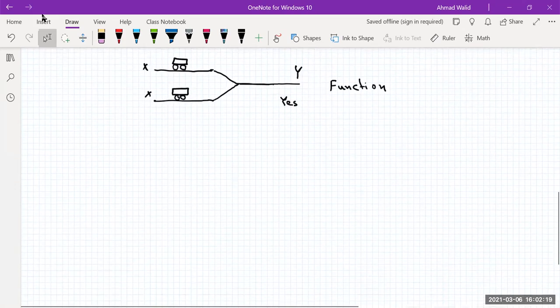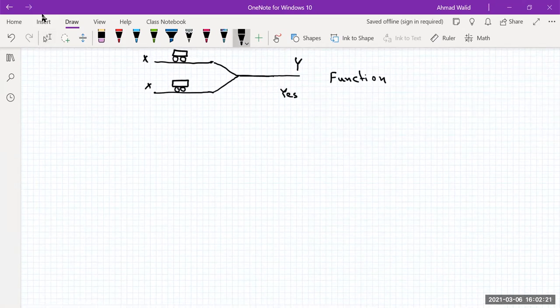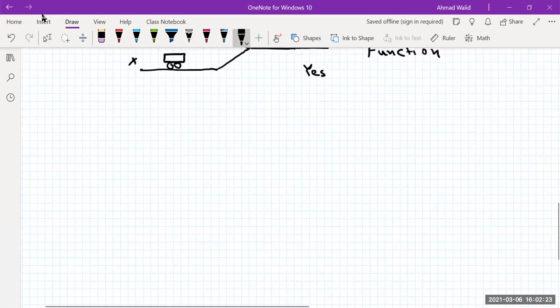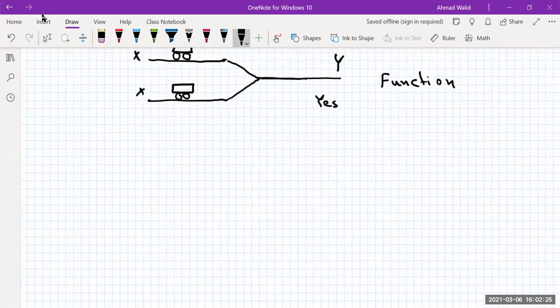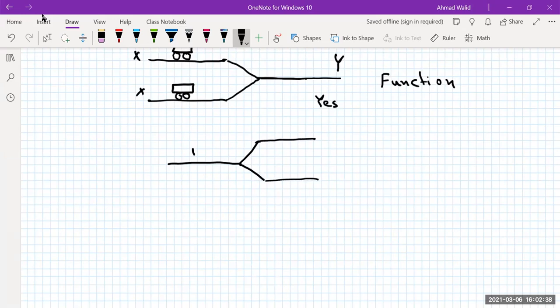But now look at this. This is your Professor Ahmad driving his car, right? I'm driving in my car. Suddenly, this road goes to two different other streets, and I'm driving here.